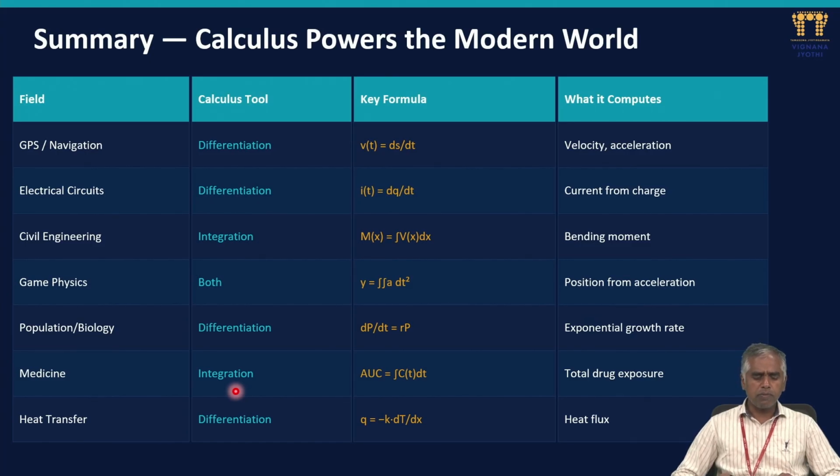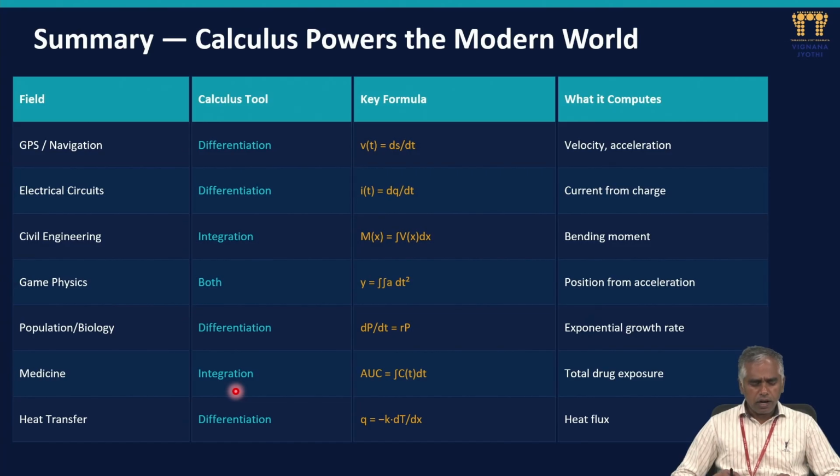Next, population and biology. In population biology, the differentiation concept is applied: dP by dt equal to rP, which means exponential growth rate. Next, medicine, that means the drug model. In the drug model, we apply the integration concept, that is AUC equal to integration of C dt, which is total drug exposure.